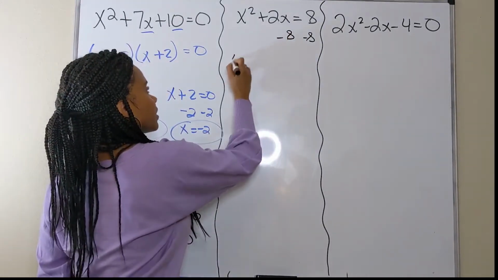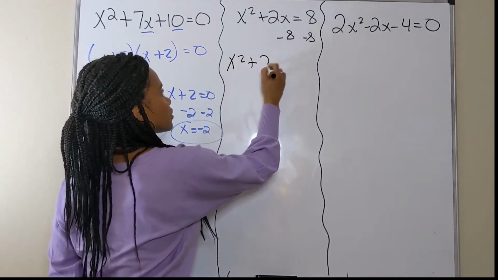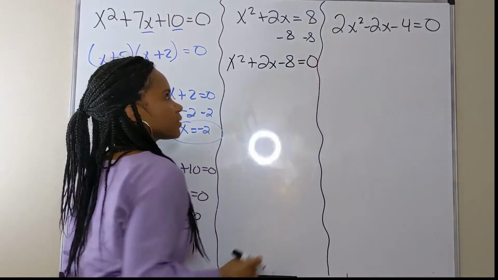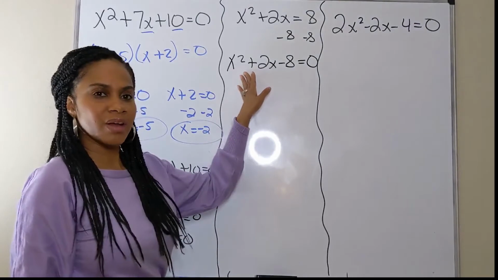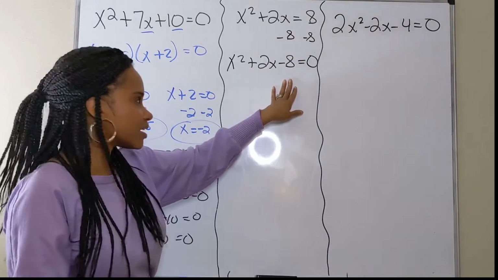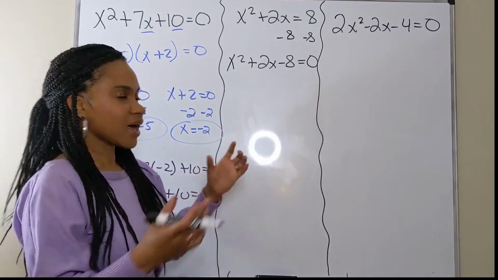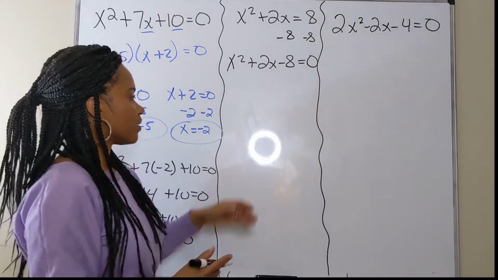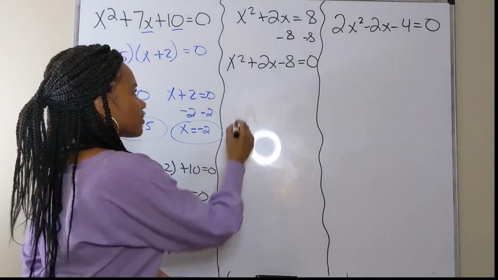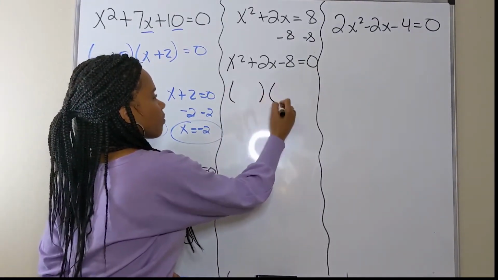And I'm left with x squared plus 2x minus 8 equals 0. I can't combine it with any other term because it is a constant, not a like term, so I leave it separate. Now it's in that form, x squared plus bx plus c, so I can factor it the same way.